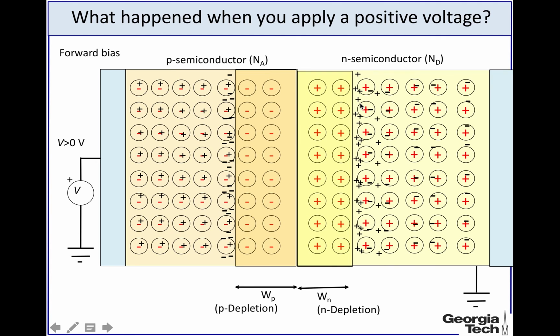And what will happen is that at the edge of the depletion region on the n side, there will be some excess holes, and at the edge of the depletion of the p-type semiconductor, there will be some excess electrons, and these electrons and holes will create a current in the p-n junction.